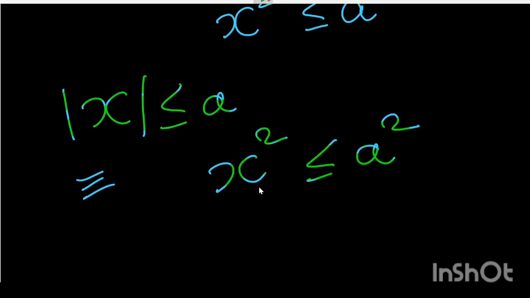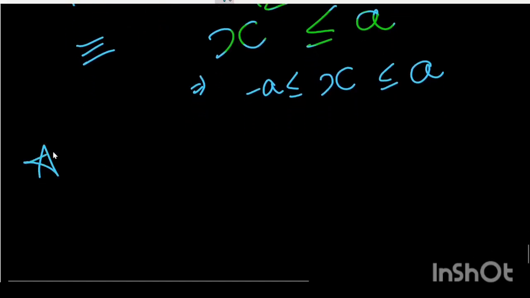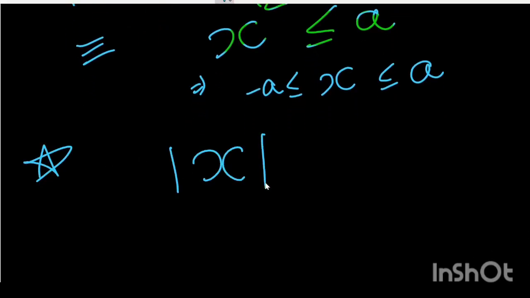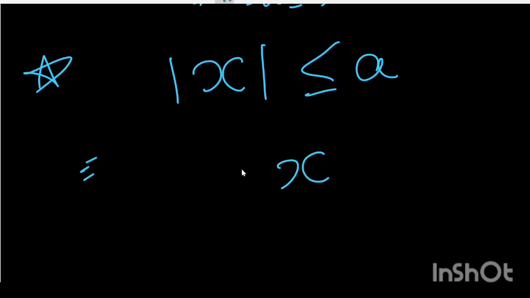We know that for x square less than or equal to a square, the solution was x from minus a to a. So from inequalities, we can say that for mod x less than or equal to a, the solution is x greater than or equal to minus a and less than or equal to a.